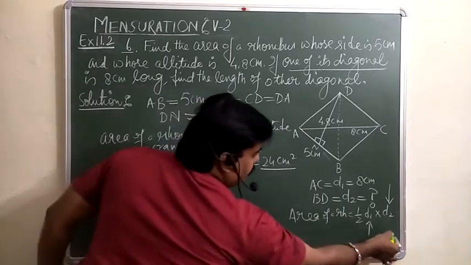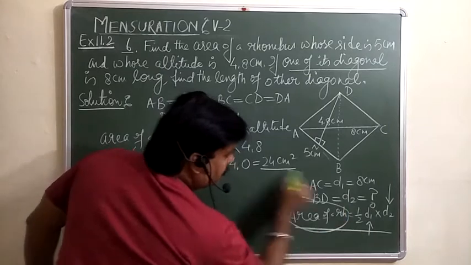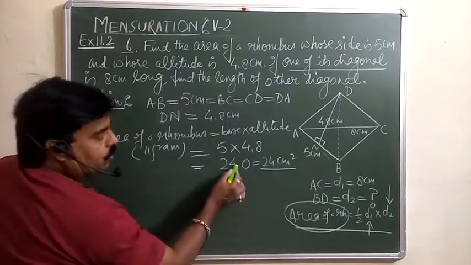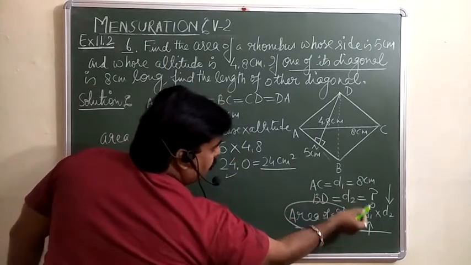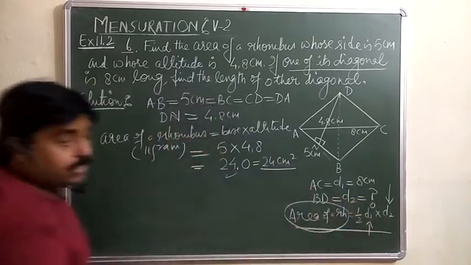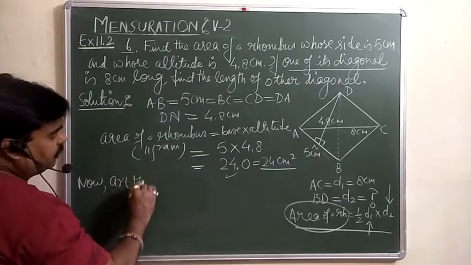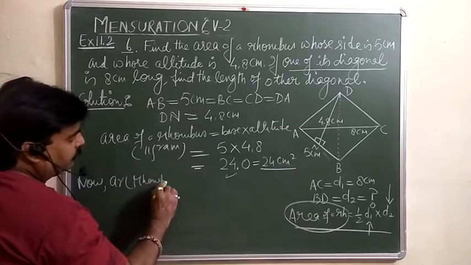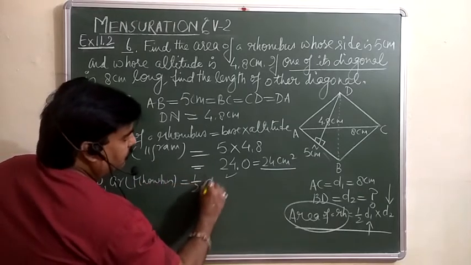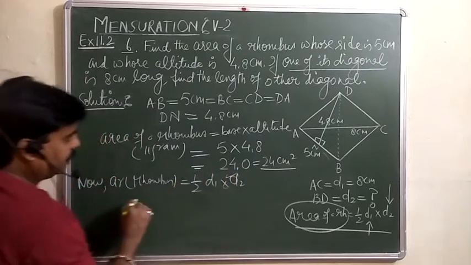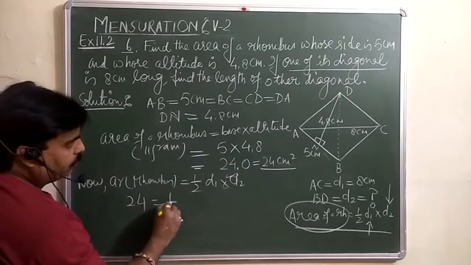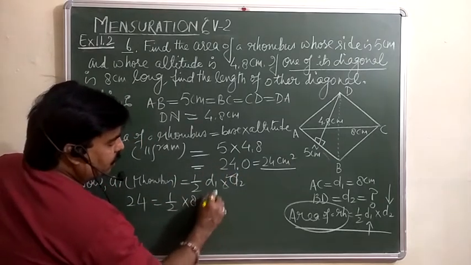Now you can apply this formula. Now you know the area of the rhombus. You can put the area of the rhombus here. D1 you already know. You can calculate D2. So area of rhombus is equal to 1 over 2 D1 into D2. Area of rhombus we know is 24. 1 by 2 D1 is 8 into D2.